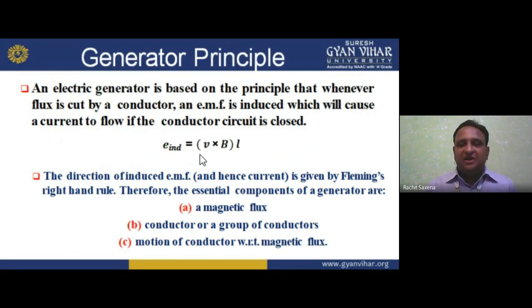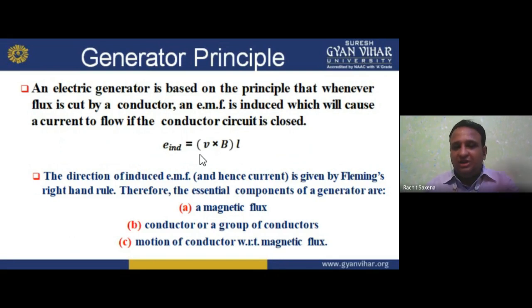As per Faraday's law, whenever the flux linkage changes, there will be an induced EMF in that circuit. And if the circuit is closed, then current will flow. The EMF induced is known as induced EMF, and the current flowing in that closed circuit is known as induced current. That is the basic principle.